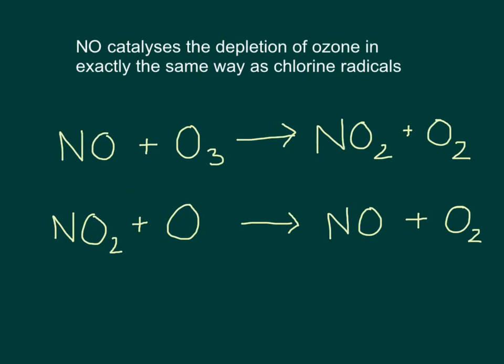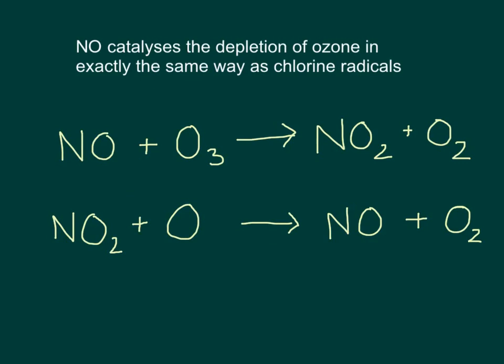In the second stage, the NO2 that's formed in the first stage is a little bit like the ClO, because the ClO is Cl plus O, the NO2 is NO plus O. The nitrogen dioxide can react with oxygen radicals and it forms nitrogen monoxide. Here it is, it's replaced the nitrogen monoxide and it's catalysed the reaction of O3 and O to form 2 lots of O2.